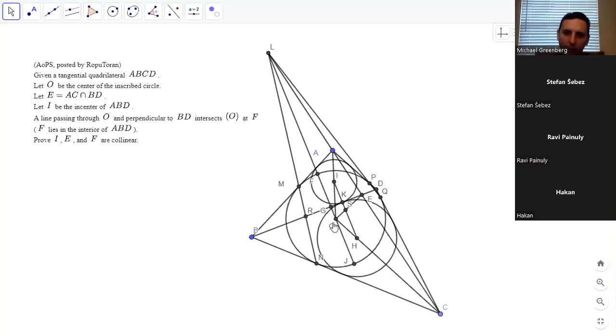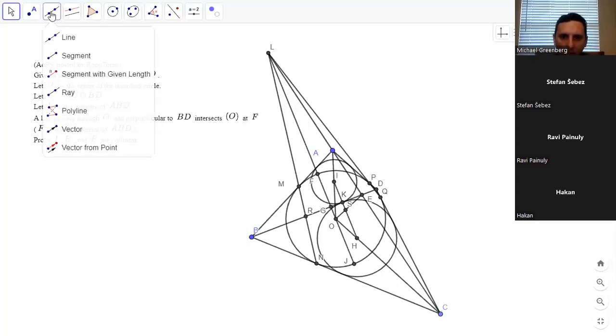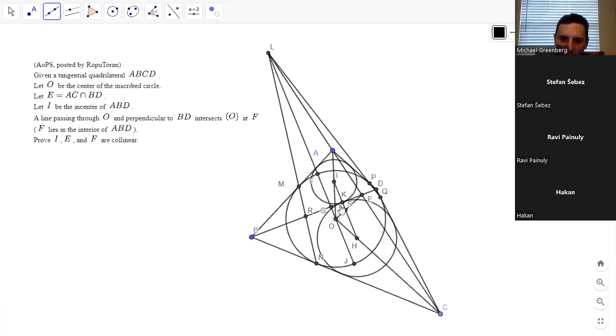Maybe we can project through O. Let's see. Or project through L. Actually, let me try this.